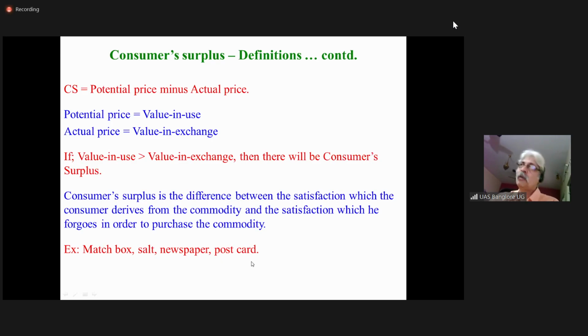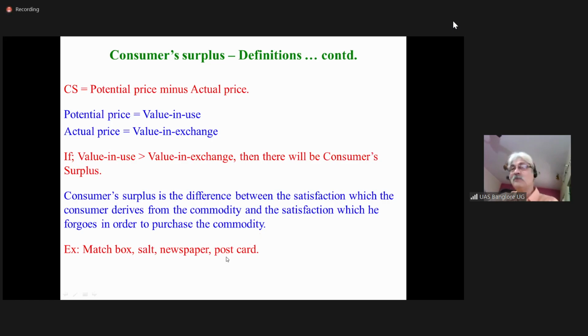Postcard, you are paying only 75 paise, but you are sending a letter to your friend or somebody. Of course, if it is not a secret message, you are paying only 75 paise, but it carries the message from you. But today, because of mobile phones, it has lost its significance. Otherwise, it was very useful. You could send a message from your village to New Delhi or Mumbai or Chennai or even Bengaluru.